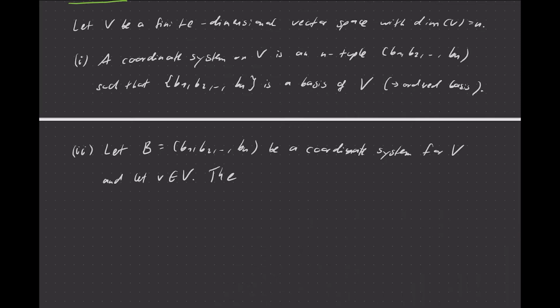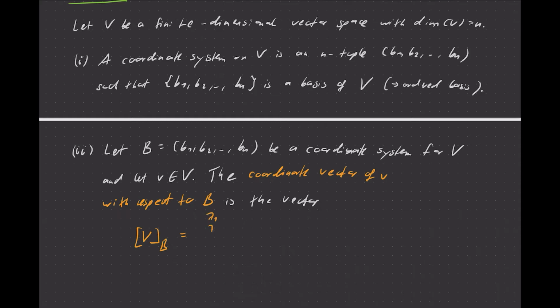So the coordinate vector of v with respect to the coordinate system B is the vector, and we'll denote that as v in braces B, like this.